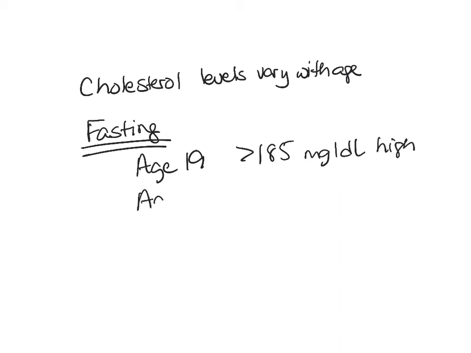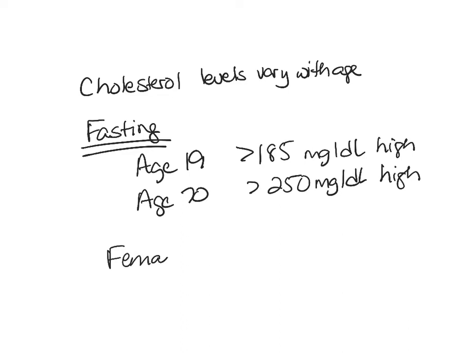But for the same person at age 70, anything over 250 milligrams per deciliter would be high. For females, it's a little bit different too. Anything over 190 at age 19 is high, and anything over 275 at age 70 would be high.